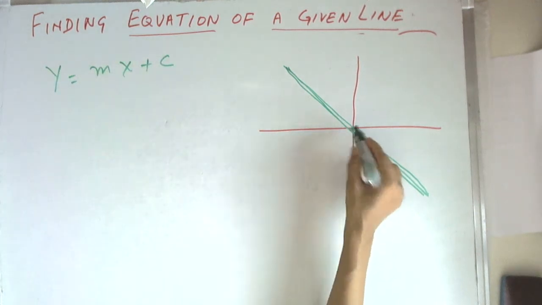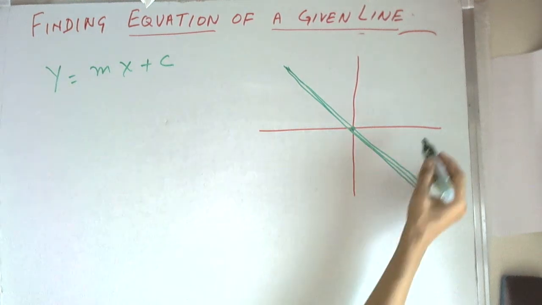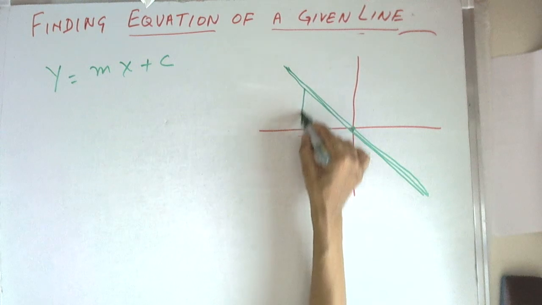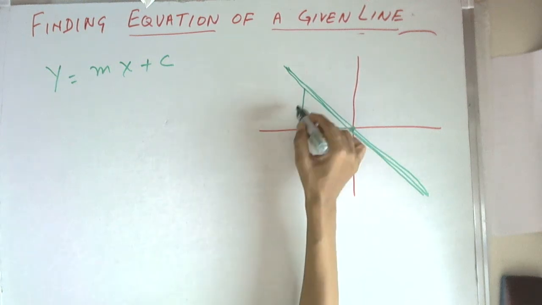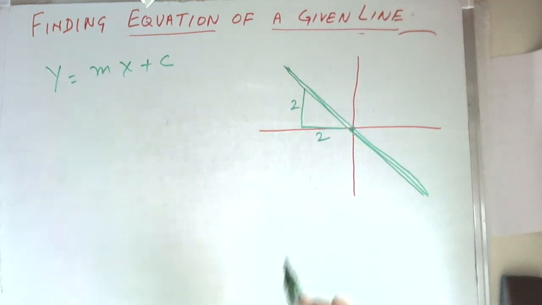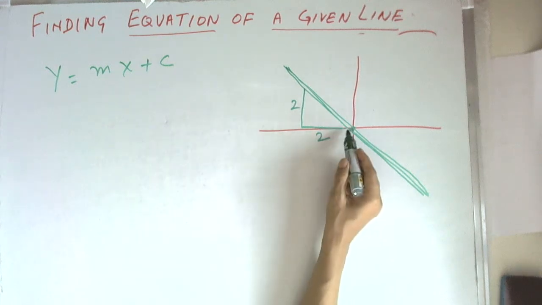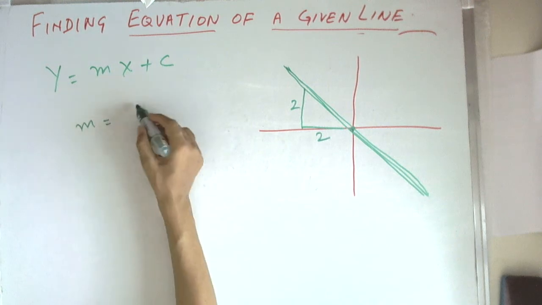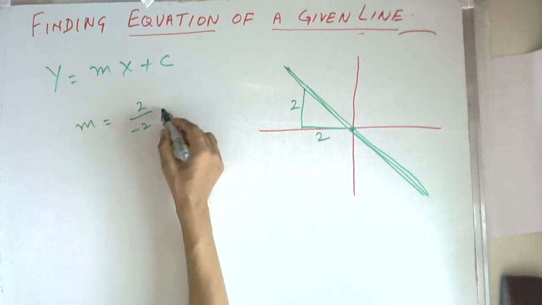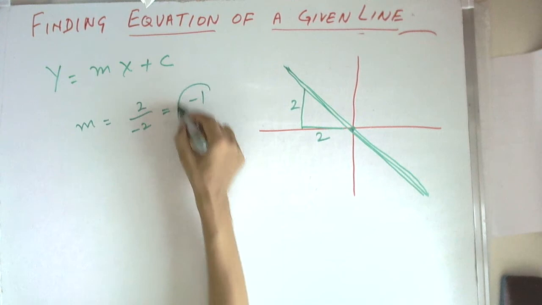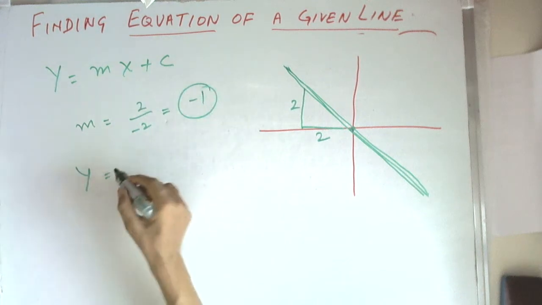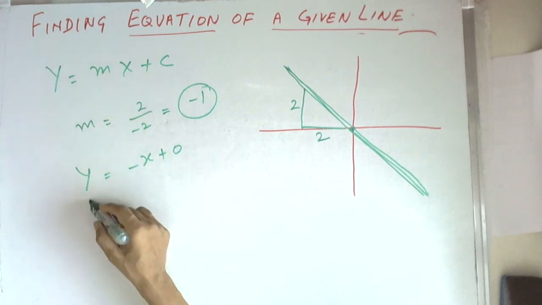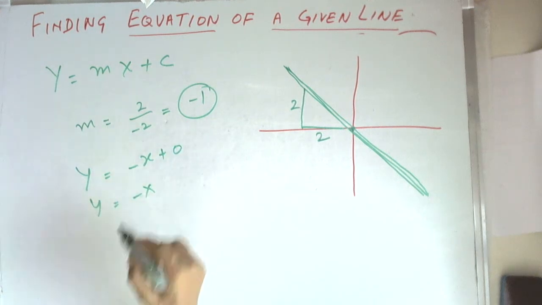So in this case again c is 0, because it is passing through the origin, and this is 2 and this is 2. But in this case, the x coordinate is minus 2. So m will be equal to 2 divided by minus 2. So this will become minus 1. So this will become y is equal to minus x plus 0, or y equal to minus x.